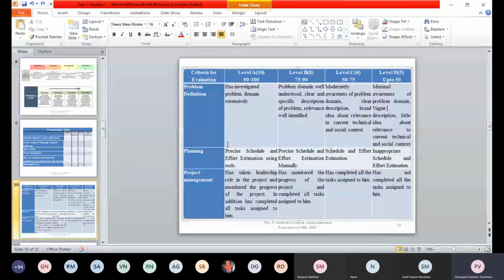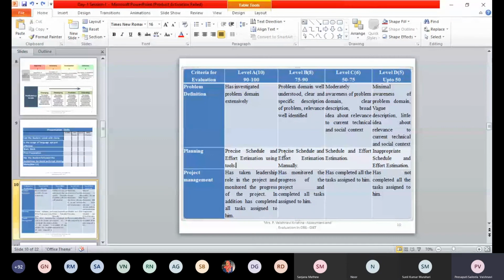Okay, now this is the only example which we are going in deep so that you will have a good idea. And then planning. Now, if suppose I want to judge him based on planning, this is another criteria. Now, where he falls in level A, when this schedule and effort estimation using tools.